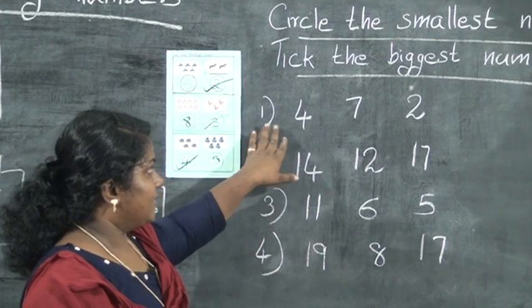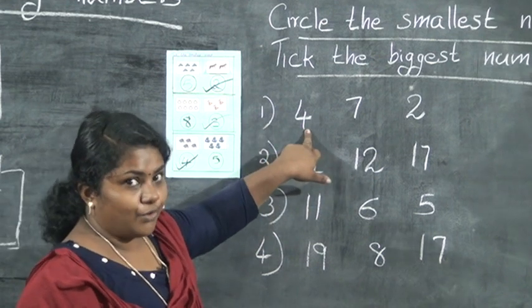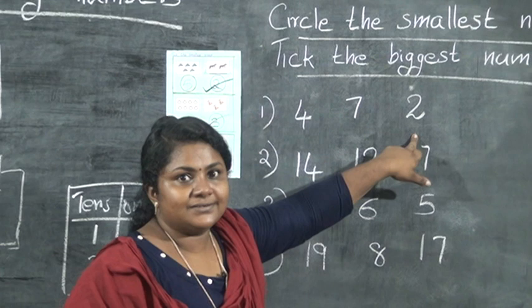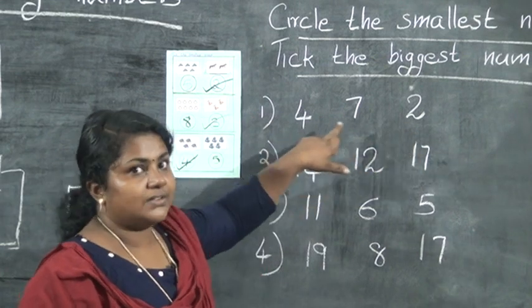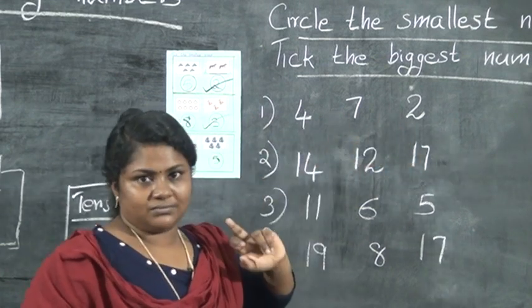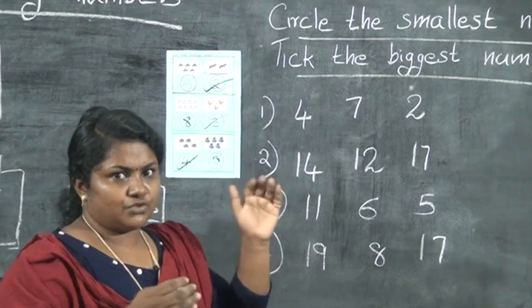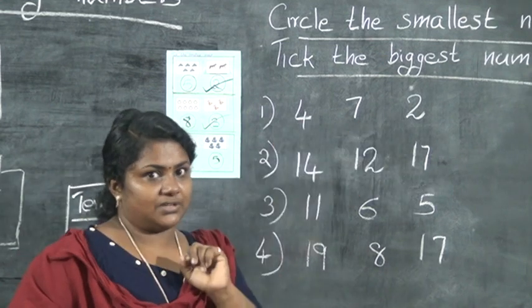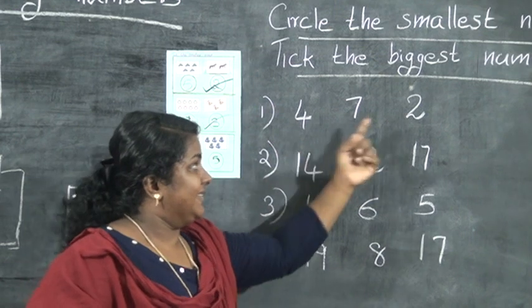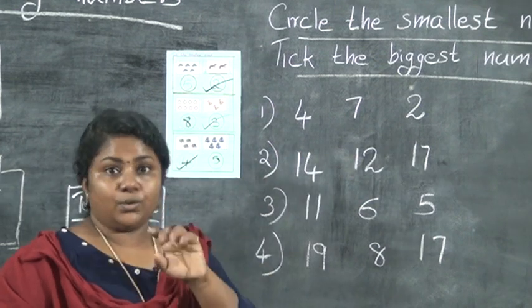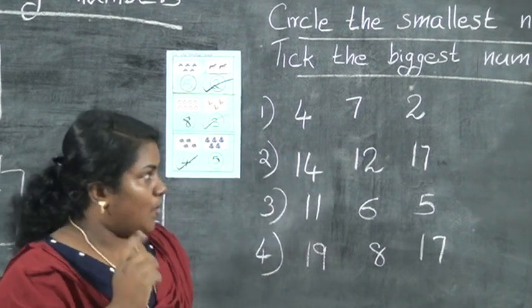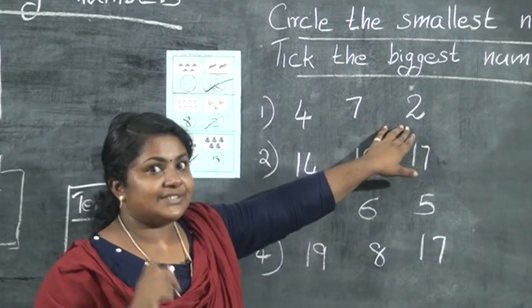The first one, the numbers are 4, 7 and 2. We can just count 1 to 10. These 3 numbers are 1 digit numbers. So we can start from 1. 1, 2. The first number we reach is 2.